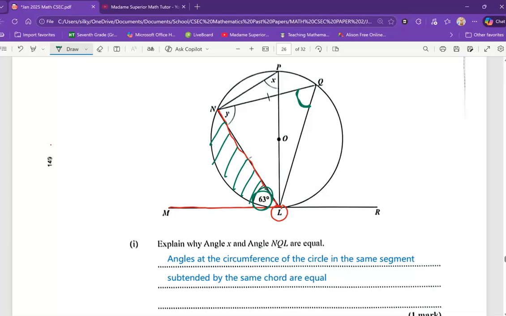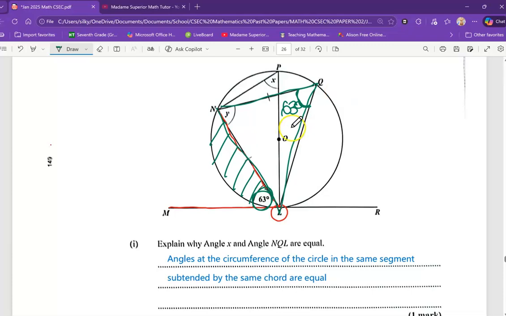All right. Also, it is in the triangle NQL, and notice it is obliquely opposite to that 63 degrees. So this angle Q is also 63 degrees, again because of that theorem that says the angle between the chord and the tangent is equal to the angle in the alternate segment.